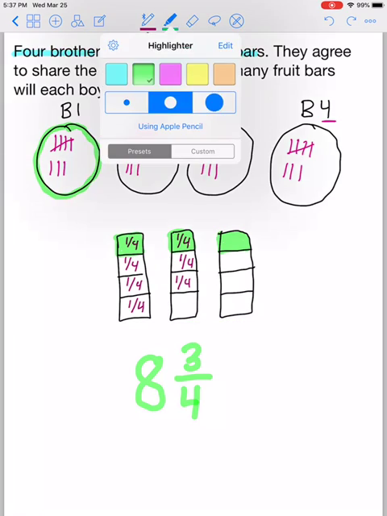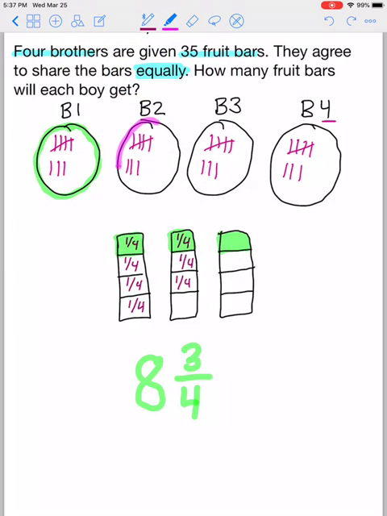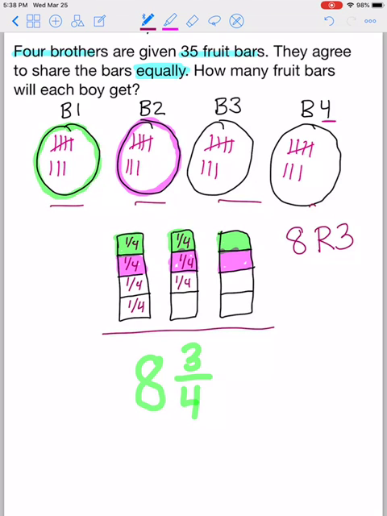That means brother 2 is getting 8 full fruit bars and 3/4 of the bars that are left. So instead of writing 8 remainder 3, because we had 8 equally and then 3 fruit bars left over, we can write it as a fraction. Because fruit bars are something you could break. You could break off a piece and give it out.